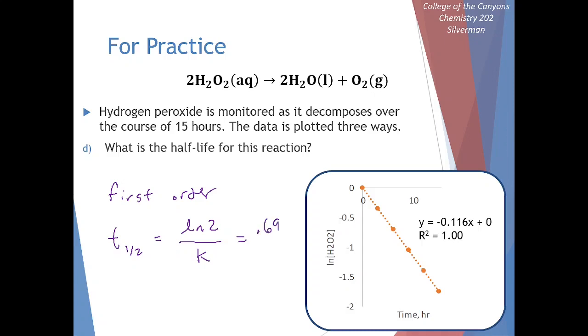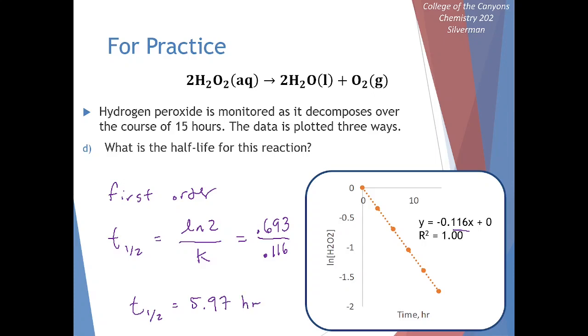The natural log of 2 is just a number. Our rate constant, remember we determined this earlier, is 0.116. Great. Our half-life here is 5.97 hours.